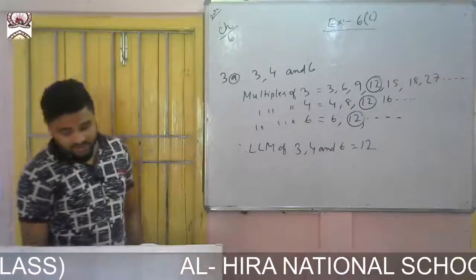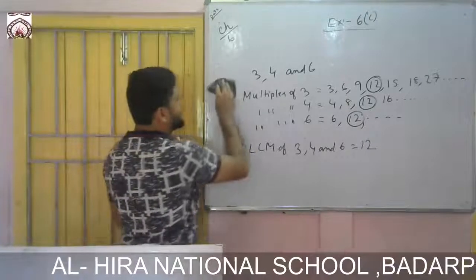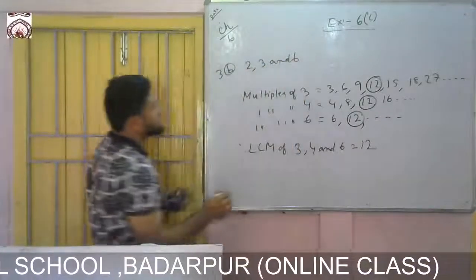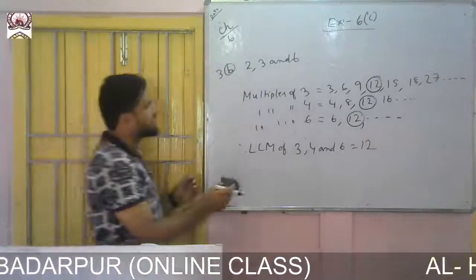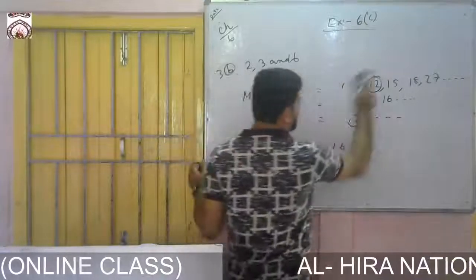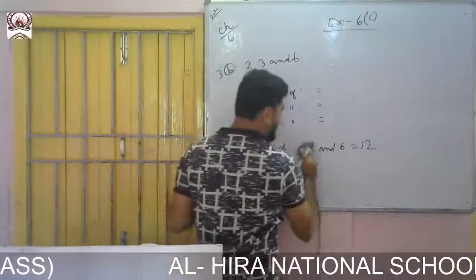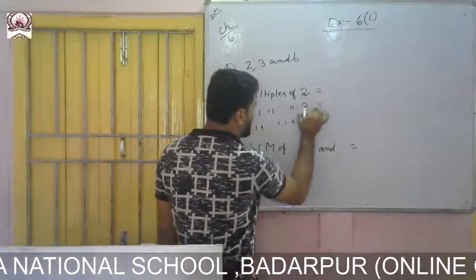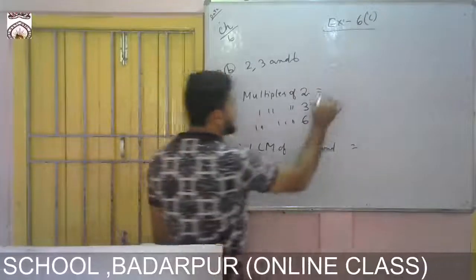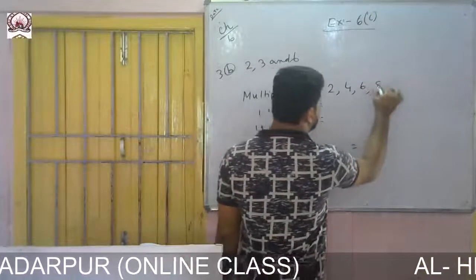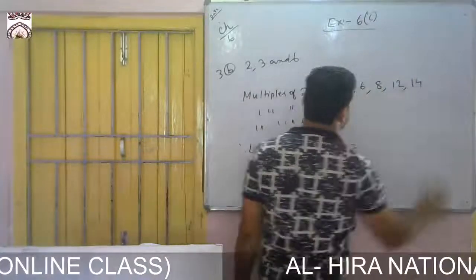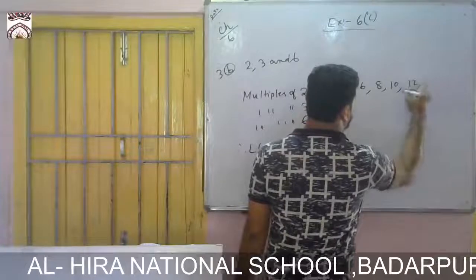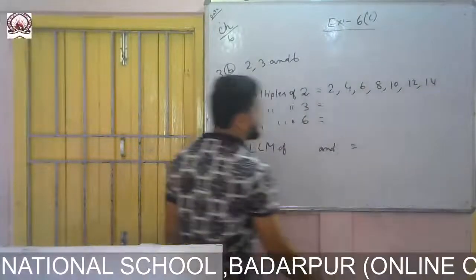So multiples of 2. 2 1s are 2, 2 2s are 4, 6, 8, 10, 2 6s are 12, 2 7s are 14. Okay, let me keep up to that much.